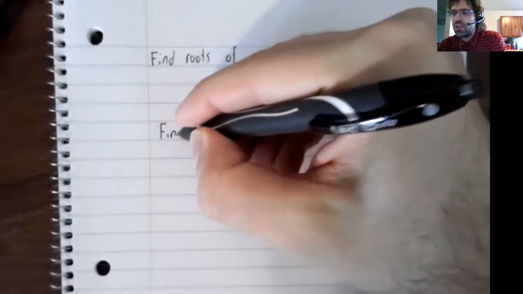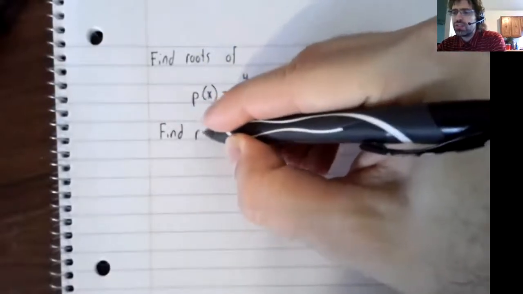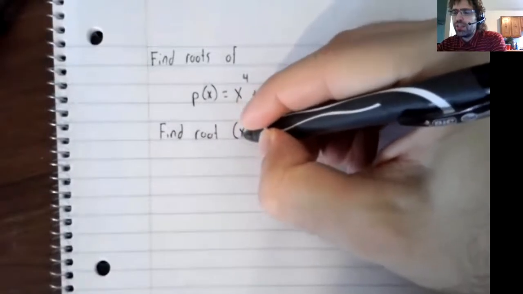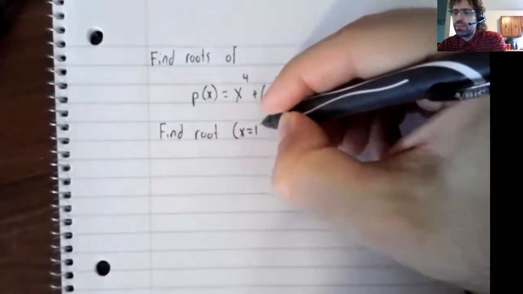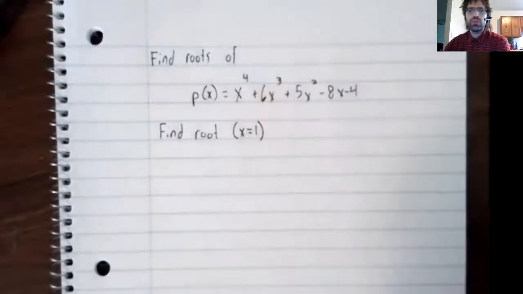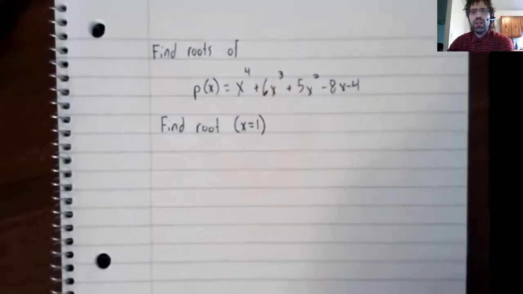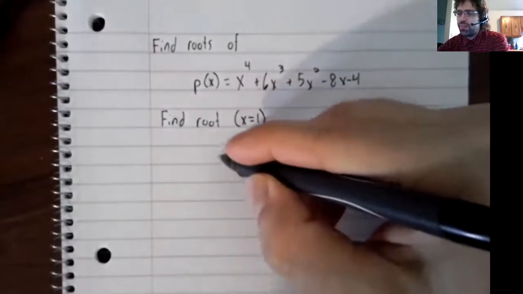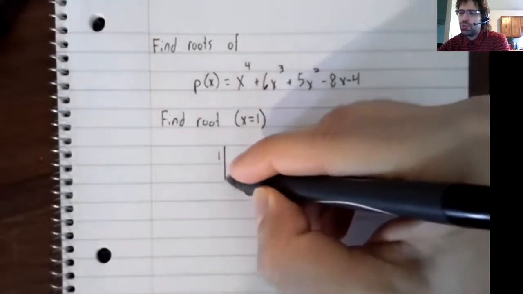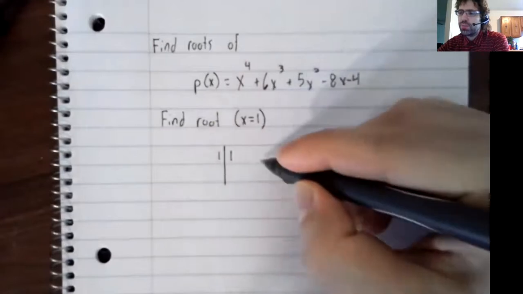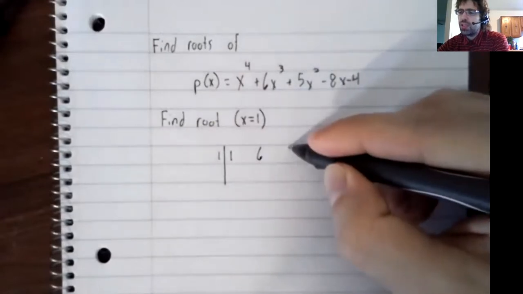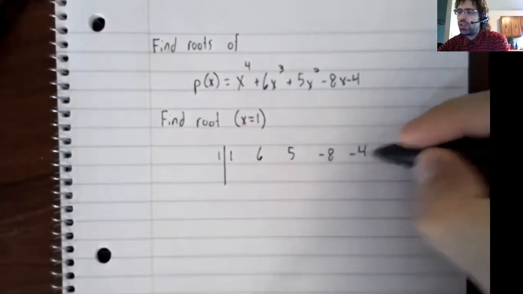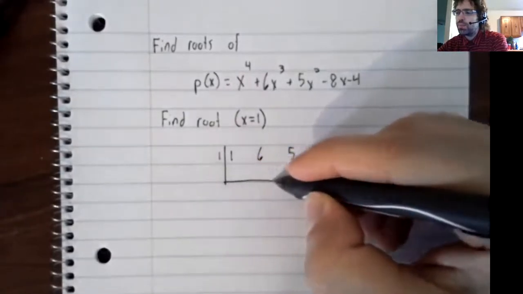So we start this process by finding a root. And then we do synthetic division. This root into this polynomial.